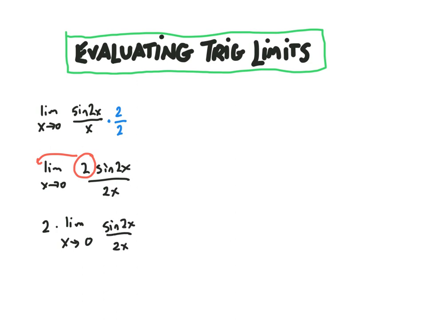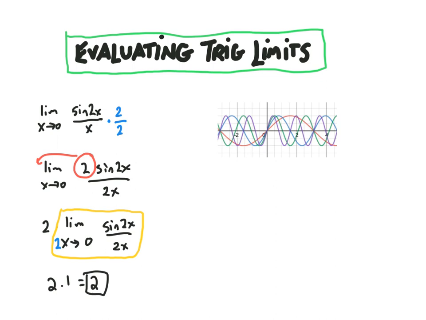And now, in a very, very sneaky step, I can notice that as x goes to 0, 2x goes to 0 as well. And what that leaves me with is 2 times a limit that I should be very familiar with, because this is the limit as the angle goes to 0 of sine of the angle divided by the angle. The exact thing that we proved was equal to 1 using the sandwich theorem, just with a change of variables. So this leaves me 2 times 1, which is equal to 2, and that was even easier.